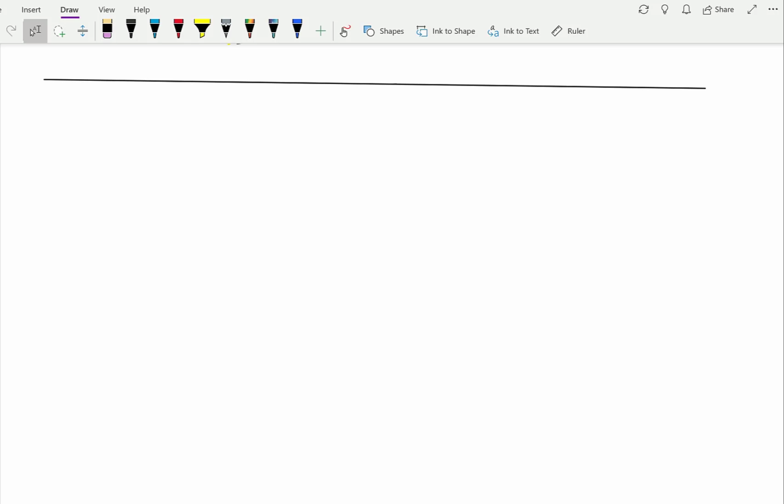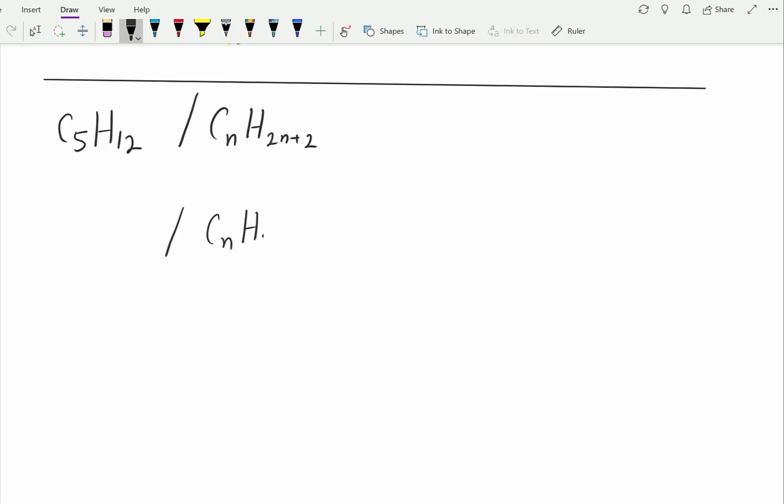Here I'll draw them. So the alkane with the 5 carbon atoms is C5H12 because the relationship between the number of carbon and hydrogen is CnH2n+2. For the alkene, the molecular formula is CnH2n. The number of hydrogen is double the number of carbons.